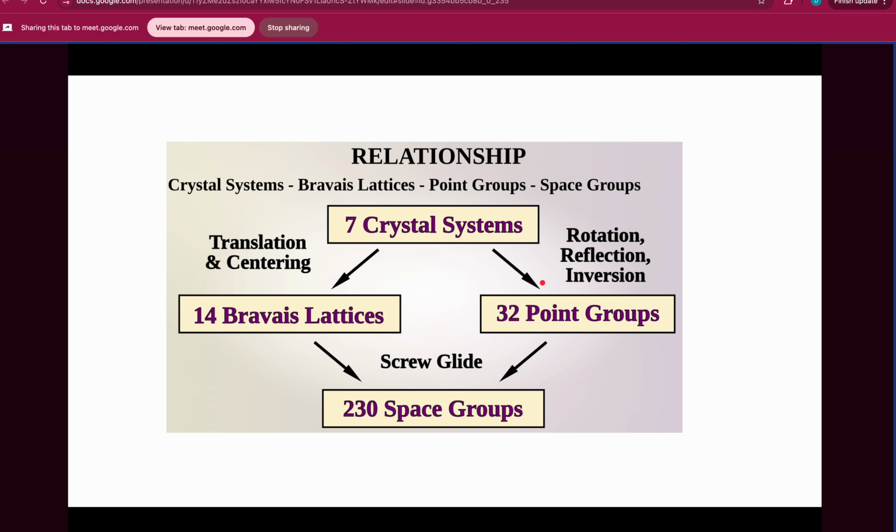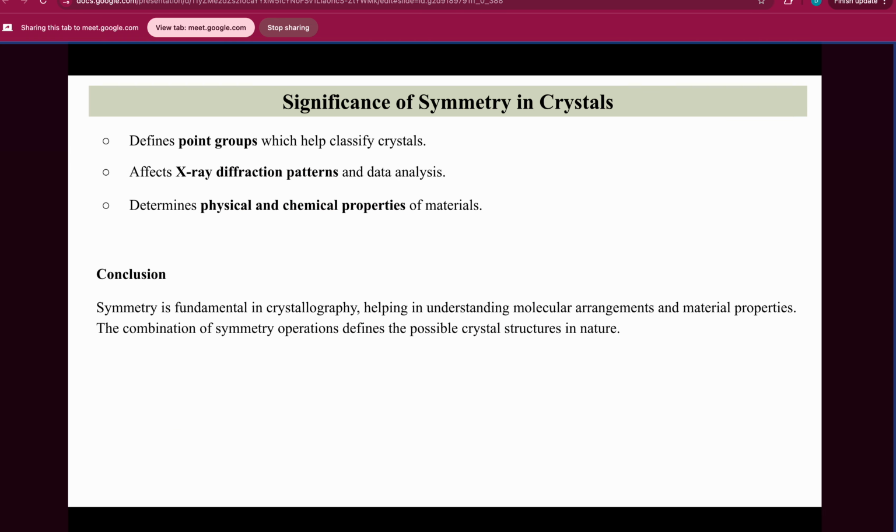If we perform the symmetry operations on these 7 crystal systems, such as rotation, reflection, inversion, glide, we will get 32 point groups. Now, if we combine all of them, including glide and screw, so screw is also one of the symmetry operations, we can generate 230 different space groups. These 230 space groups are unique from one another. So this is all about the different 3D lattices which are possible by performing all these operations.